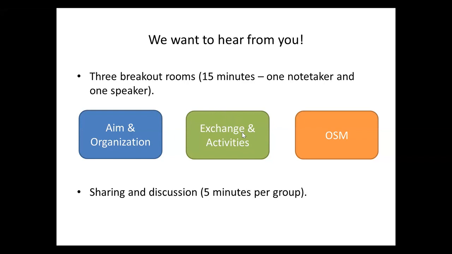We can think of channels that we would like to use, activities that you would like to hold as an early career network, for example, webinars or other things. And then we will have another specific room about the OSM, where we will try to think of ways in which the early career network can have formal participation in the OSM and gain visibility there as well.